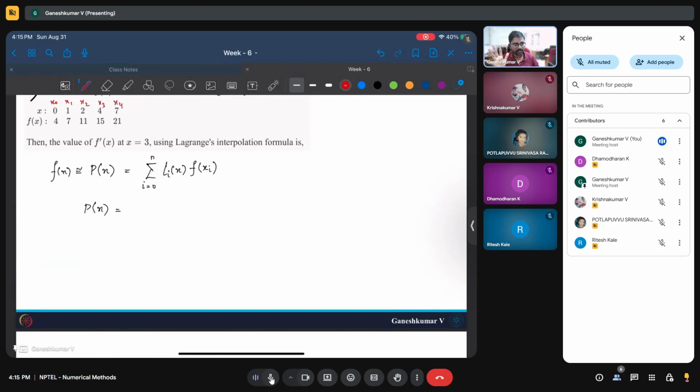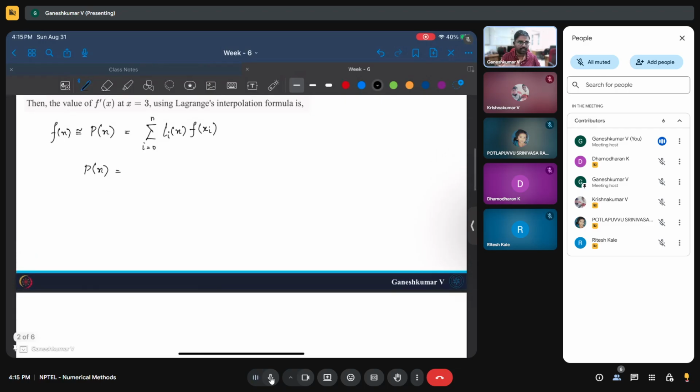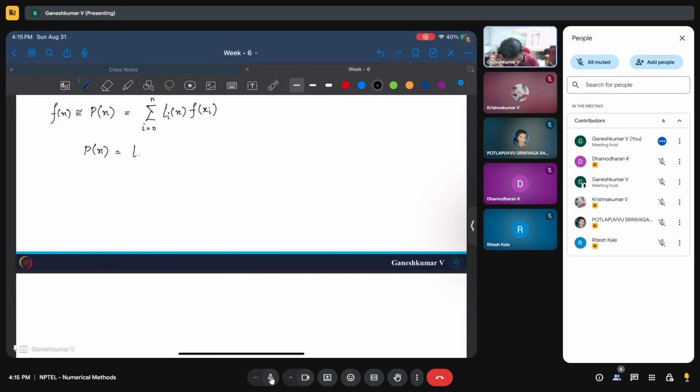So you have 5 data points, and you're going to have 5 terms in this polynomial: L naught of x f of x naught, plus L1 of x f of x1, plus L2 of x f of x2, plus L3 of x f of x3, plus L4 of x f of x4. Now all these f of x naught, f of x1 are data points, so they are constants.